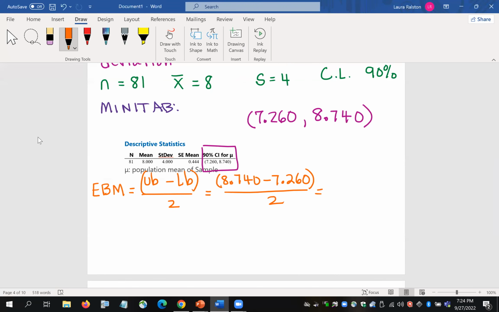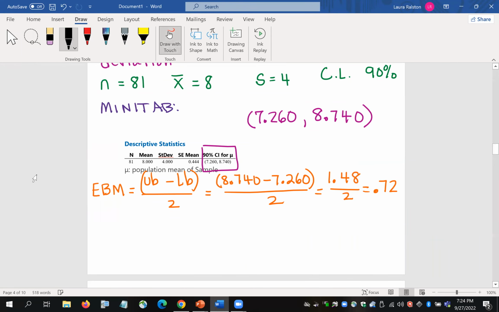Again, make sure you do the subtraction in the numerator first. 8.740 minus 7.260 is 1.48, divided by 2, which is going to be 0.72. So my error bound margin is about 72 hundredths.